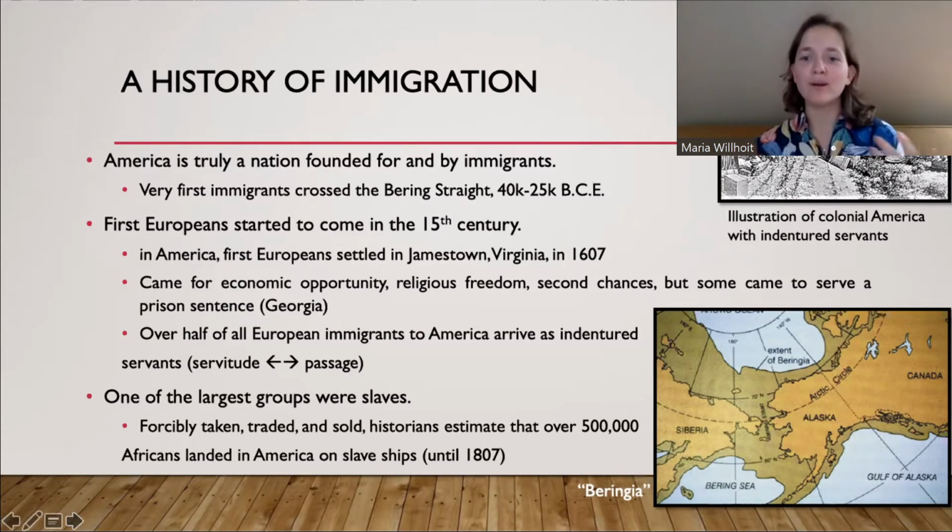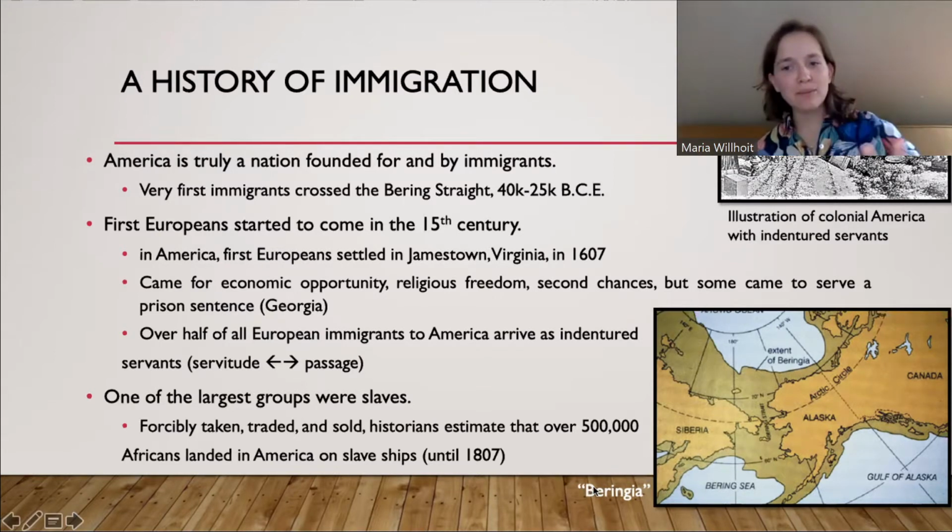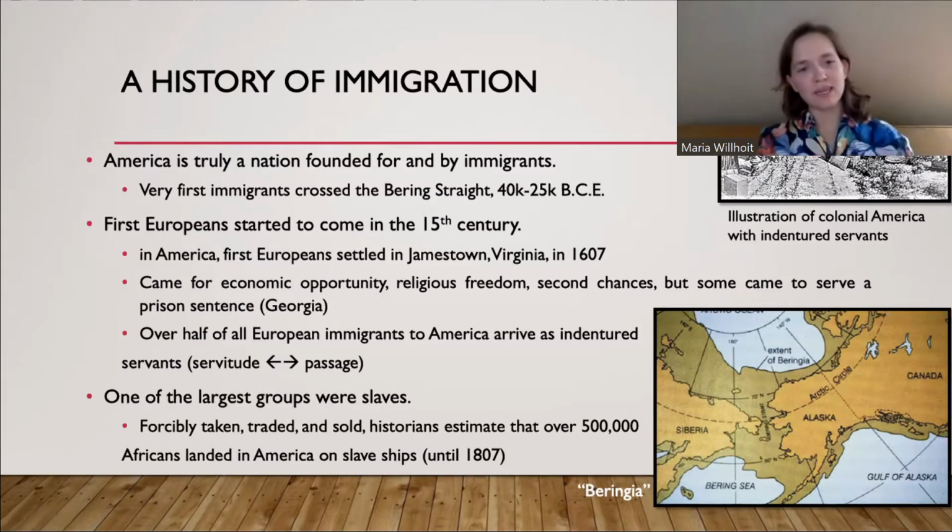They came from what was originally called Beringia, here in the right hand corner. It was the landmass that was connected to present day Siberia and Alaska. So the world's history is a history of migration, but I think America and the North American continent really emphasized that.